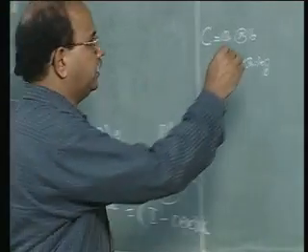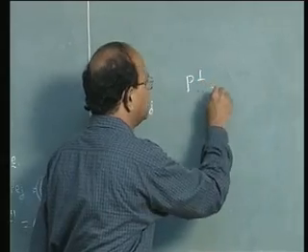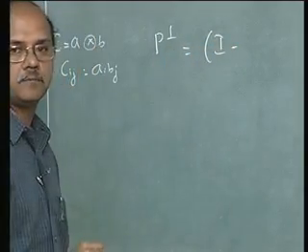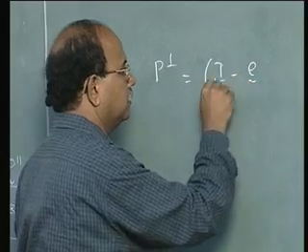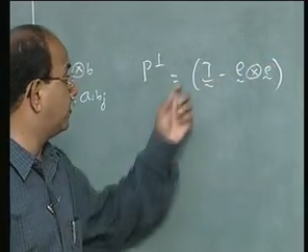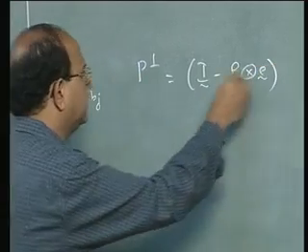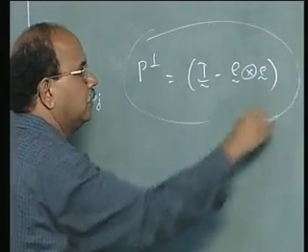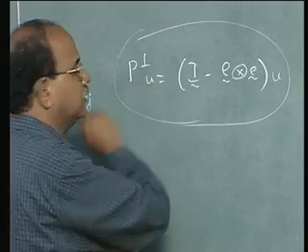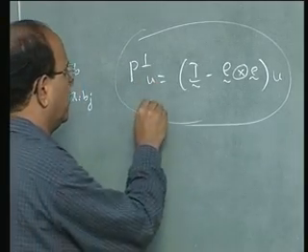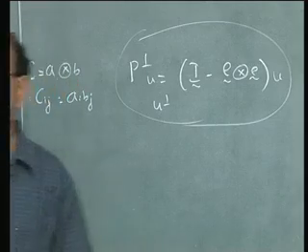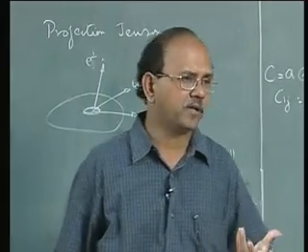So the projection tensor in the perpendicular direction is given by I minus E dyadic E. I, of course, is a unit tensor, and when operated on u it will give me u perpendicular. So this is important in many respects.